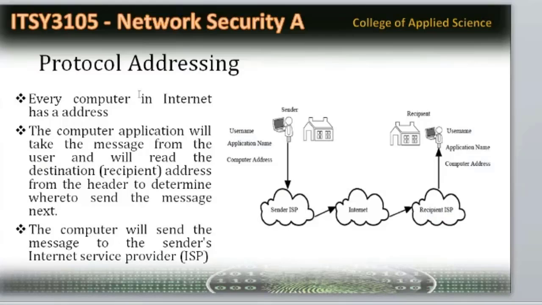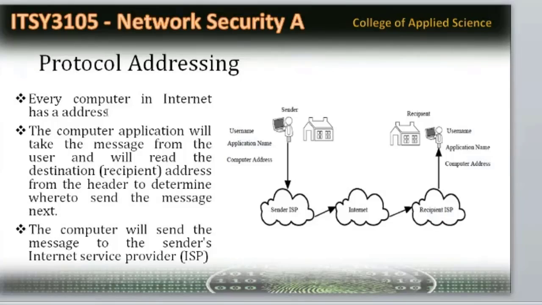So every computer in the network has an address. Any device, smart devices, nowadays we call them IoT devices, Internet of Things devices. For every device, there should be an IP address. Without an IP address, it could not be connected with the internet.